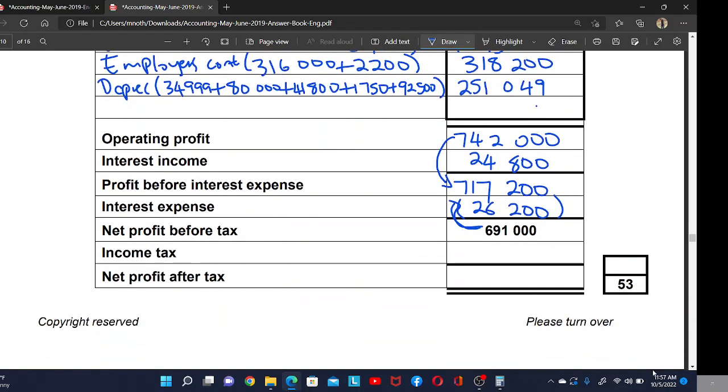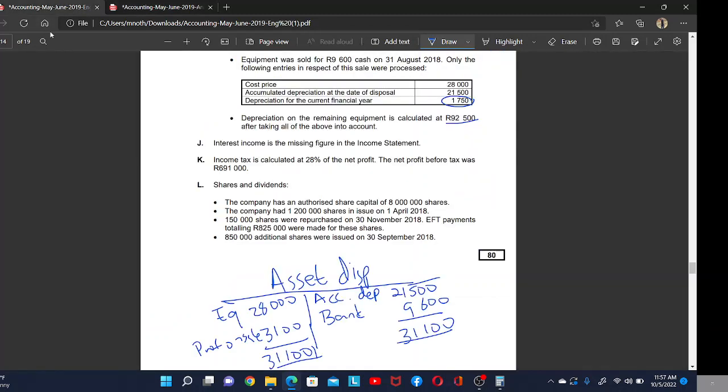We're almost done. Now we're only left with the income tax. Let's go and check what they are saying about income tax. Income tax is calculated at 28% of the net profit.